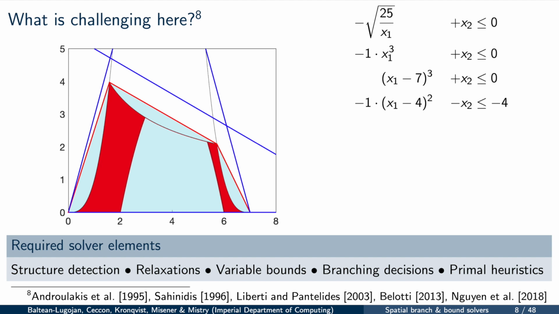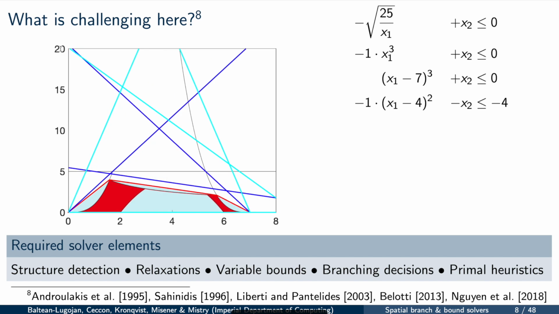What happened there is that this was based on how big this box was. This was based on sort of knowledge that x1 was, say, between 0 and 8, and x2 was between 0 and 5. What if I didn't have that knowledge? What if for some reason, instead of knowing that x2 was between 0 and 5, I only knew that x2 was between 0 and 20?